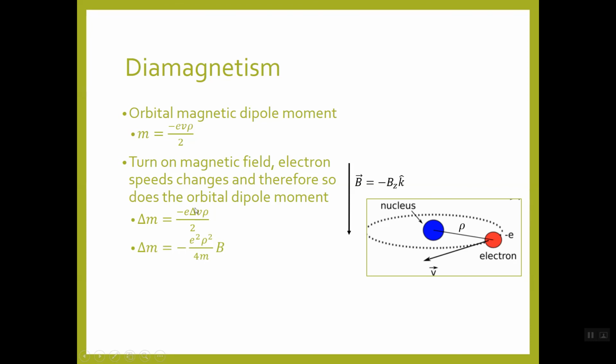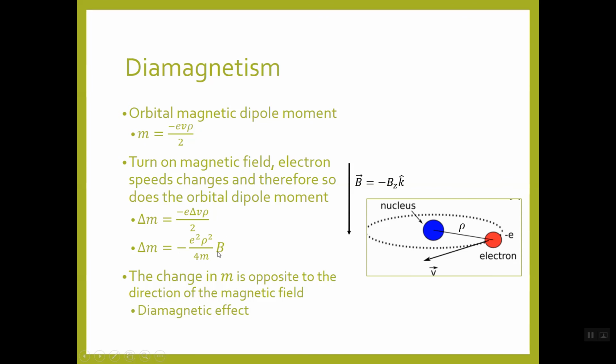If I plug in what rho V is, it depends on B, the magnetic field. So I see that the change in M is going to be opposite the direction of the magnetic field. So this is a diamagnetic response. We turn on the magnetic field and the dipole moments change in a direction opposite that of the magnetic field.